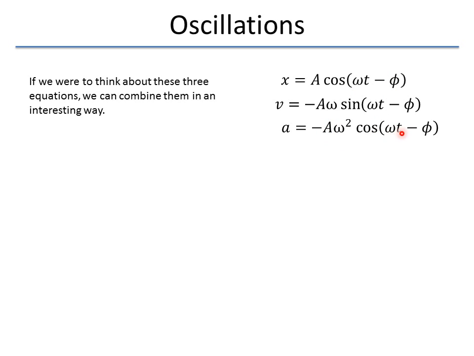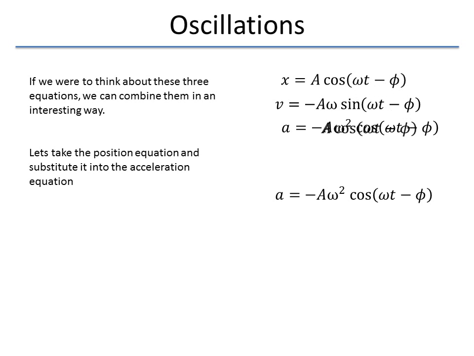A cosine omega t minus phi. So that's exactly the same thing. So if we go back through, we can see that that just substitutes out, and we can just replace this by position. Just a simple substitution. We have to take into account this negative sign here and the omega squared. So we get that to show up here.